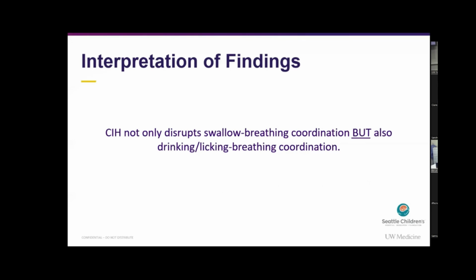And then for interpretation, we found that chronic intermittent hypoxia not only disrupts swallow breathing coordination, but also drinking/licking breathing coordination, which is really fascinating because breathing as a whole field has not been studied as much.